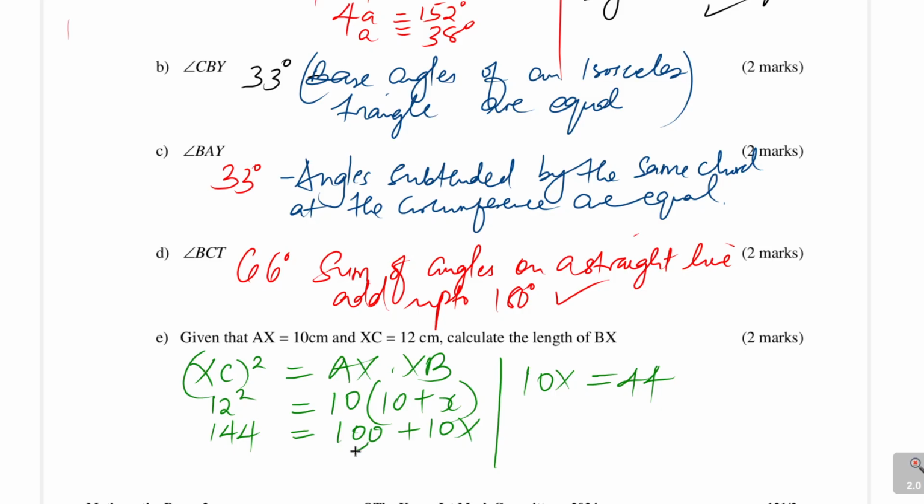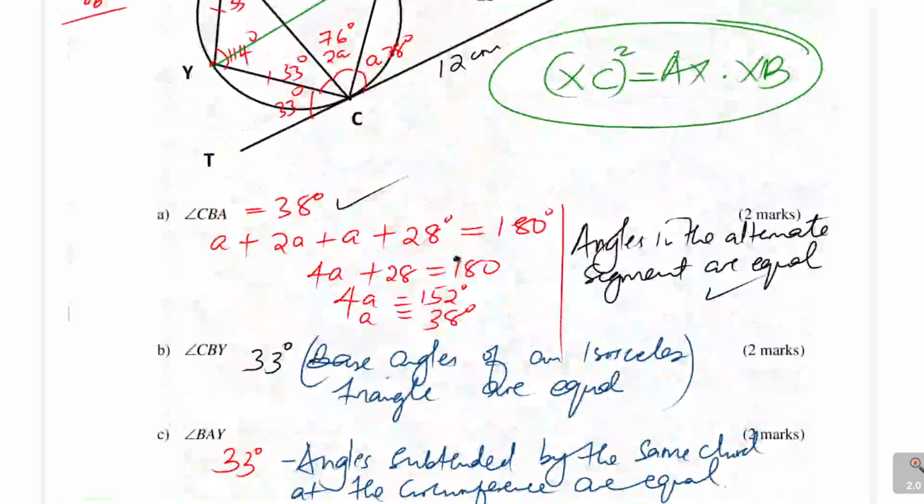You just take this one to this side, you get 144 subtract 100. That is why we are getting 44. 10x is equals to 44, and therefore x is equals to 4.4.